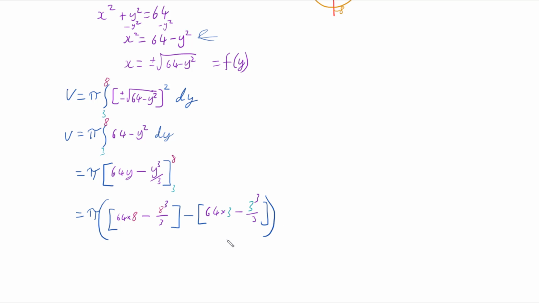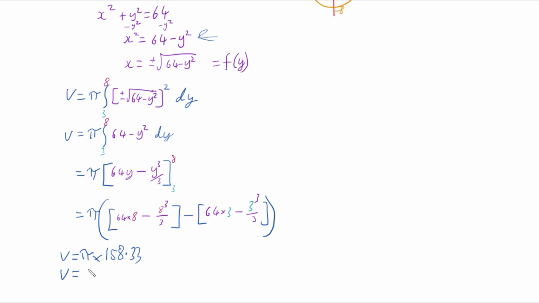So now what I need to do is work this out in a calculator. So I'm going to have pi times 158.33. And then if we multiply by pi, we get our final volume.